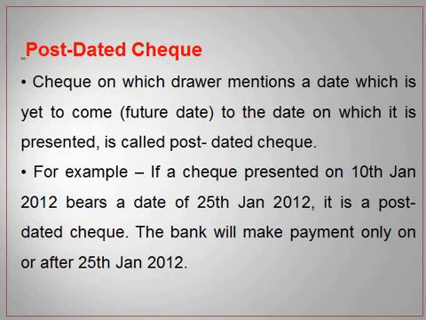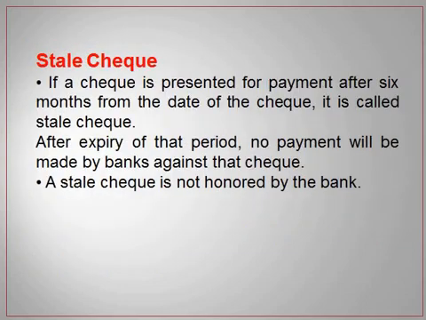The bank will make payment only on or after 25th Jan 2012. Some of the microfinance sectors also give the amount in this manner. They will give the check before the receiving date, and we keep it for 2 to 3 months. After that, we will post it for collection.